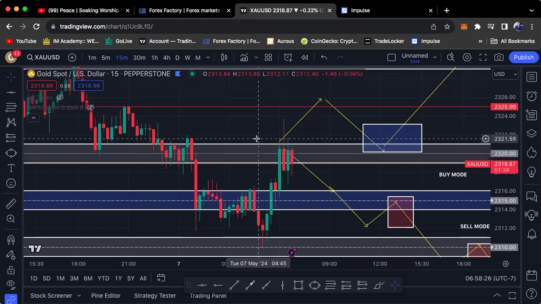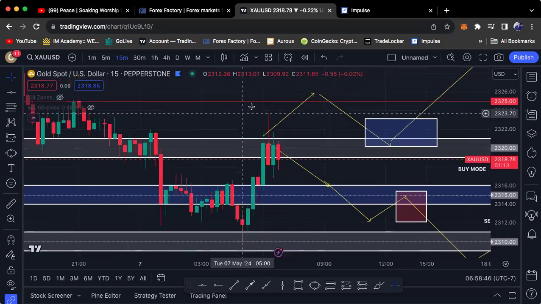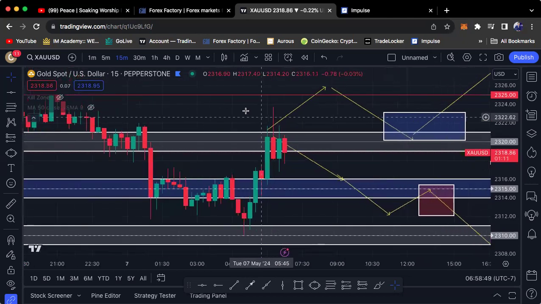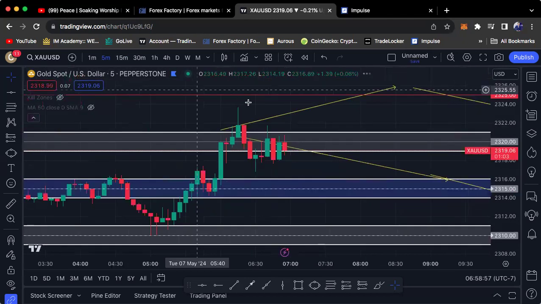Yeah, right now it's just consolidating. So wait for that break of structure. See how price went up and down, up, down. So price is consolidating right now.